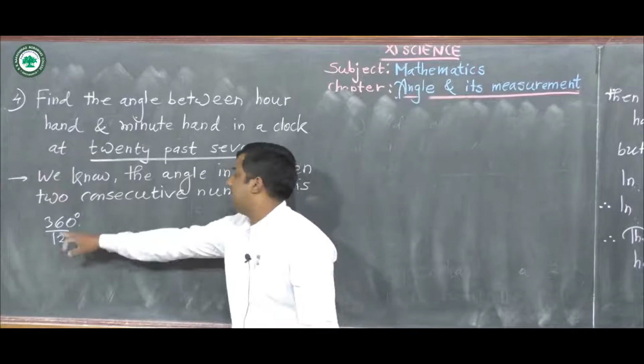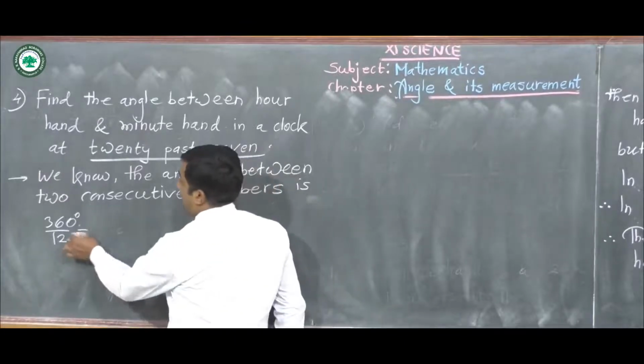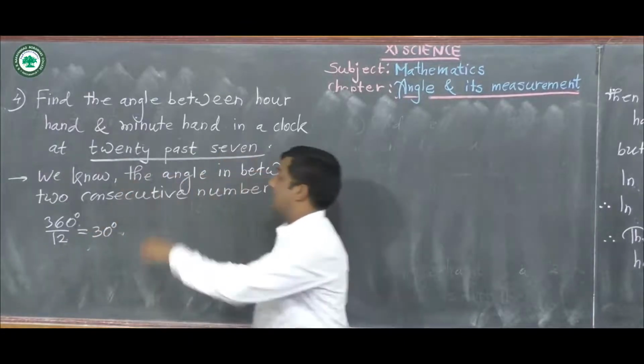So we consider 360 upon 12, which is equal to 30 degrees.